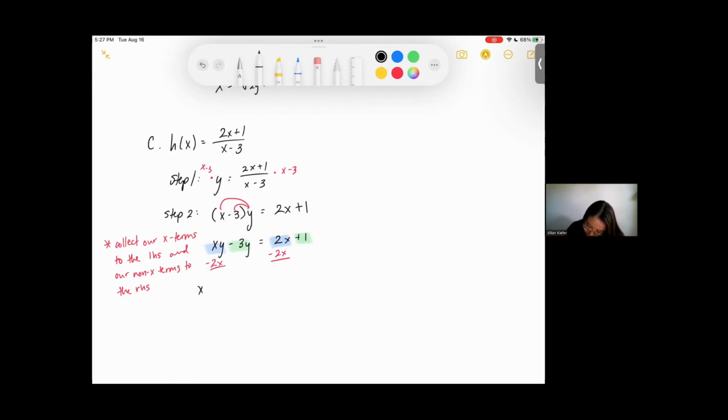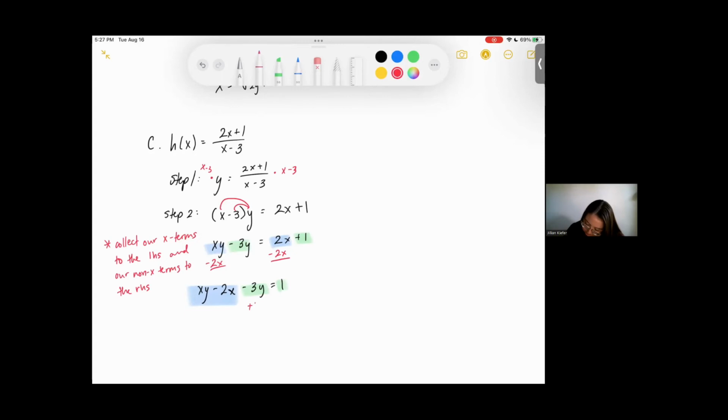This will give us xy minus 2x. Let's just put it right next to the x's. Minus 3y is equal to 1. All right, we've got both of our x terms on one side, but we still have non-x terms on both sides. So now we want to make sure to bring that 3y to the right-hand side.